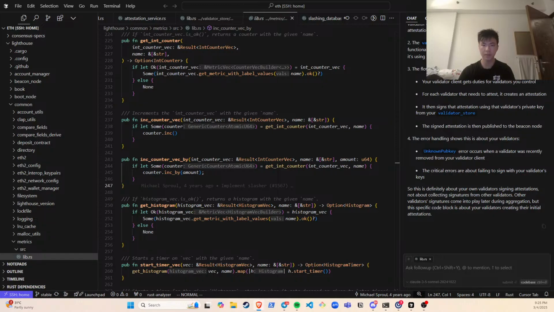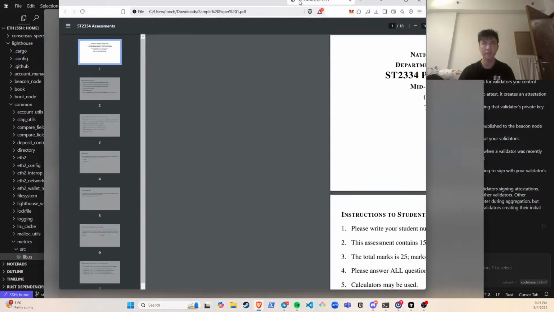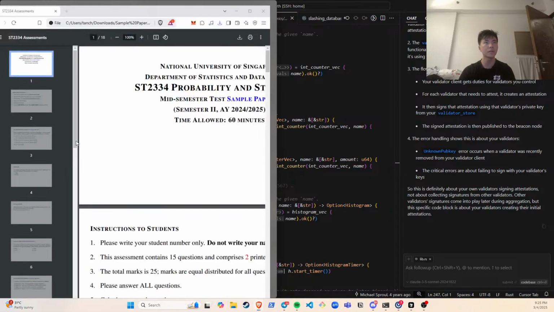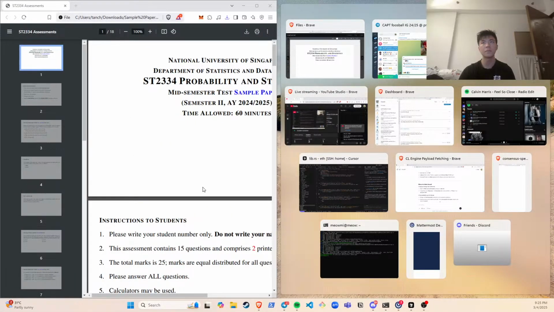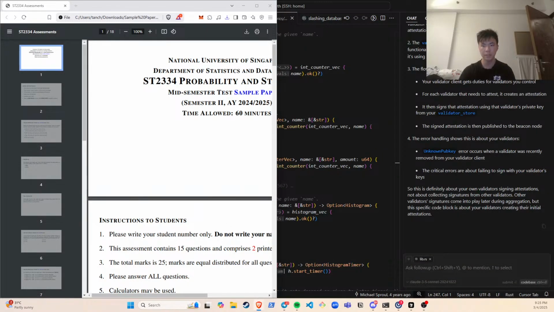So here are the papers. Sample paper one and the solution. Okay, so here's sample paper one, and sample paper one solution.